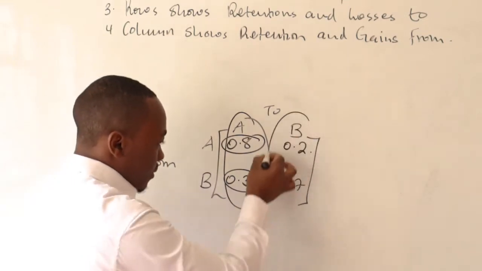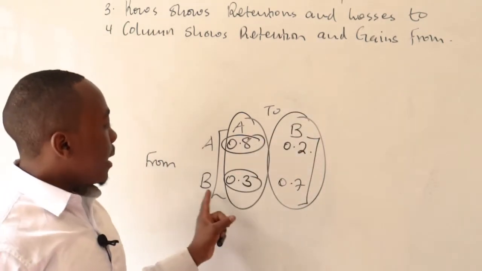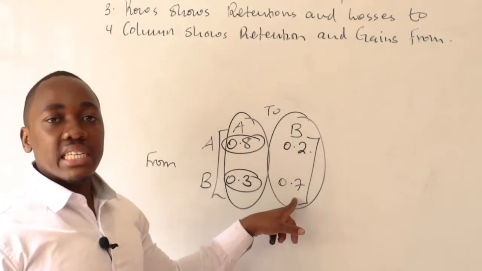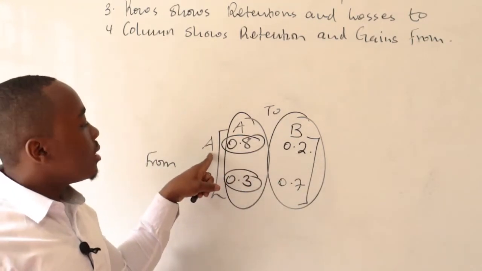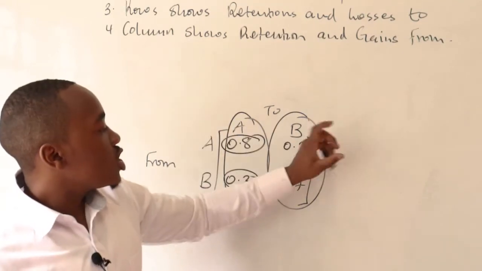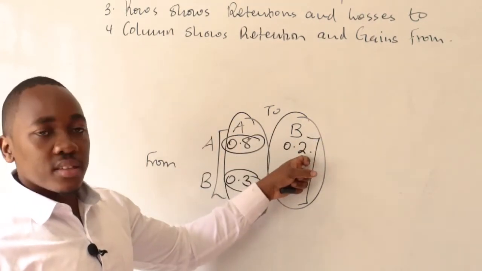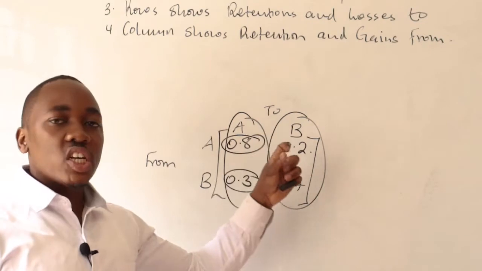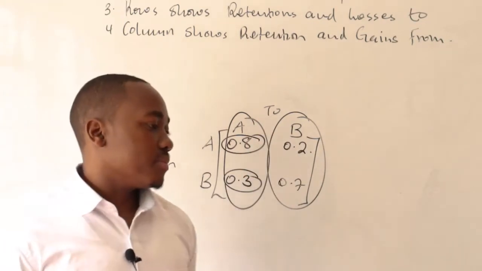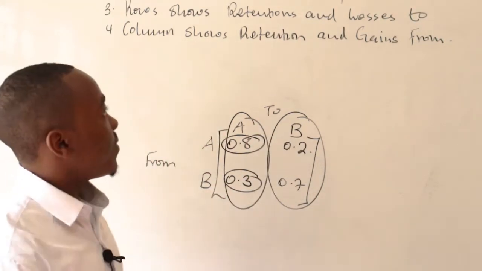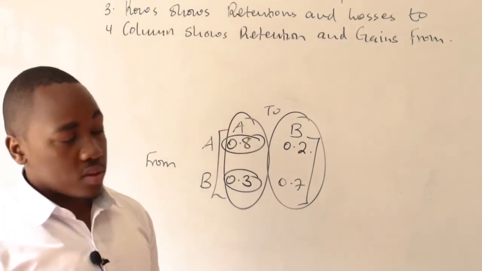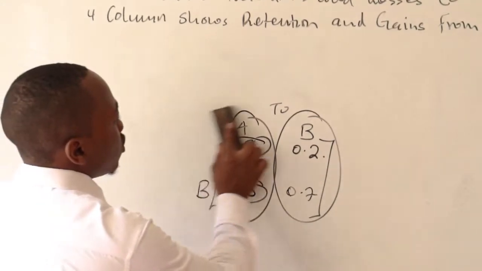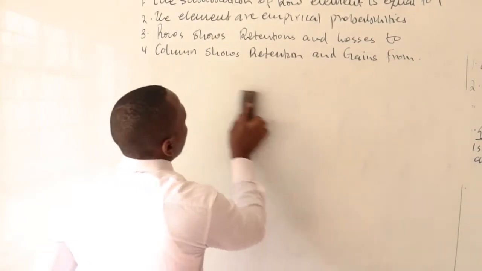For B, that shows B retained 70 but gained 20 from A. So the row will show the retention and losses, but the column will show the retention and gains from. So those are some of the characteristics of Markov analysis. Now I want to show you some of the assumptions. We look at the assumptions.